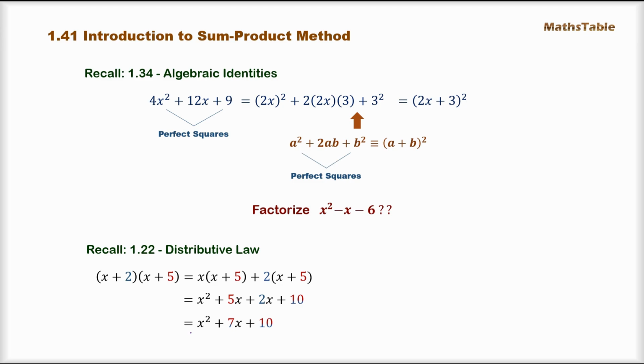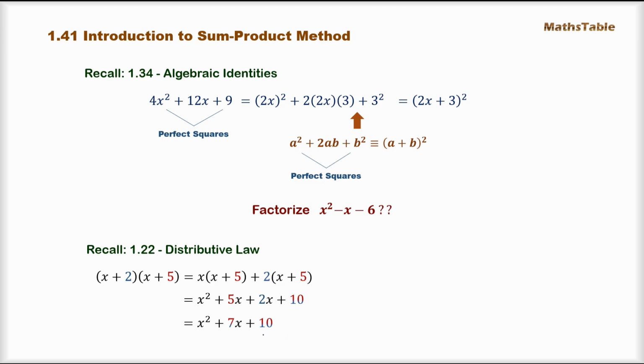Now if we look closely at the final expanded answer, the coefficient of the middle term was basically the algebraic sum of these two numbers 5 and 2, which were the two numbers in the two brackets. And the final term, the constant term 10, was obtained by multiplying these same two numbers 2 and 5.